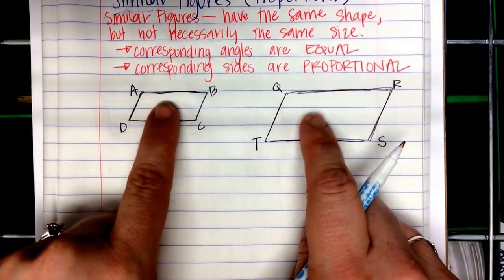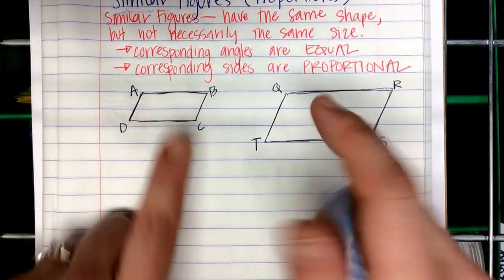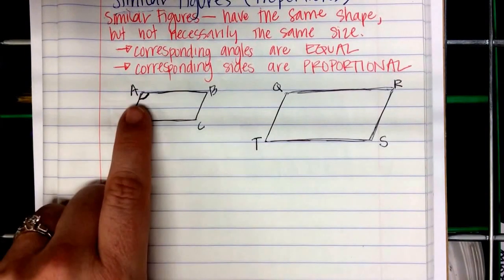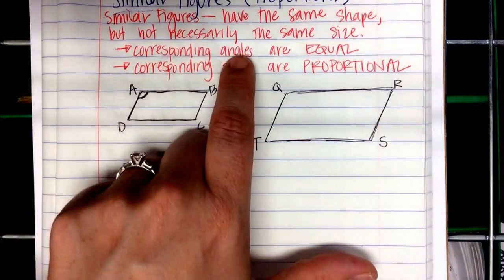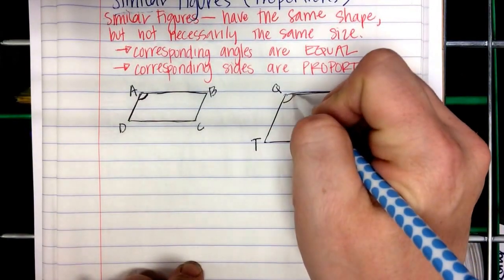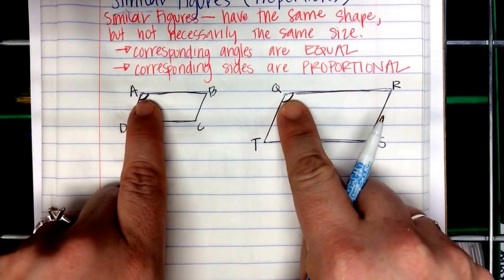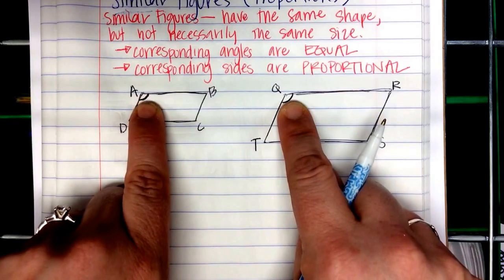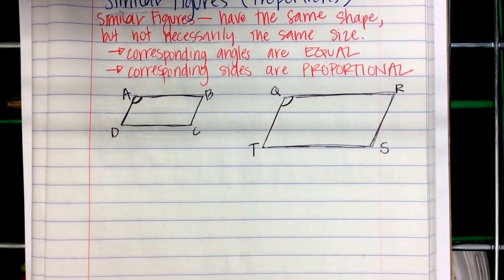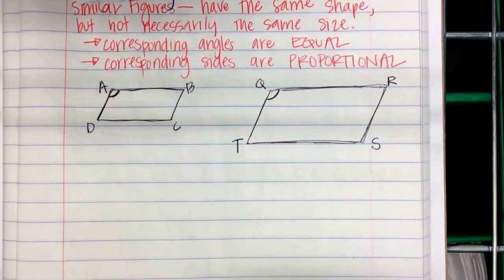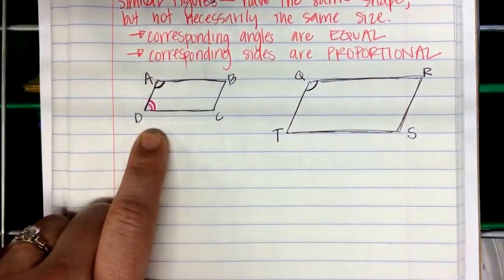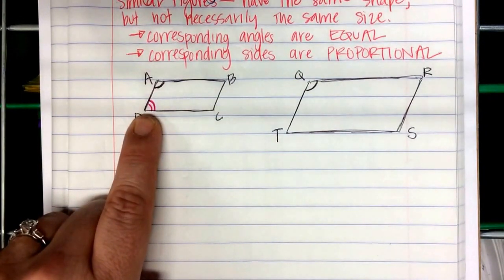If these are similar, angle A is equal to what? What's the exact same as angle A? What's its corresponding angle? Q. Because they're in the same location, in the same shape. Angle D is the same as angle what?